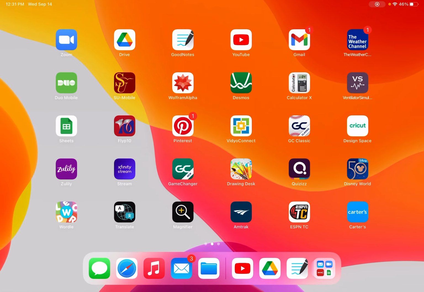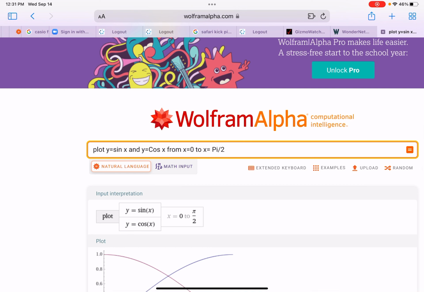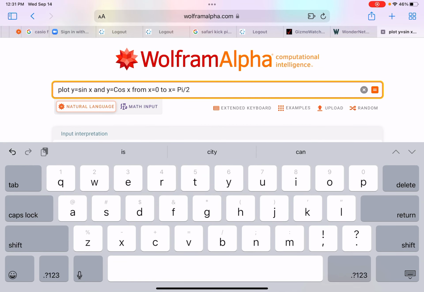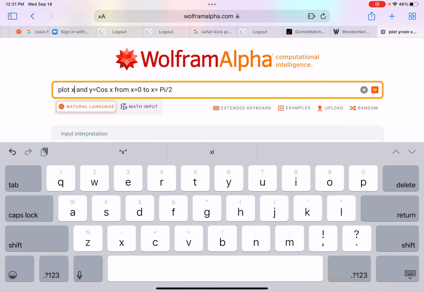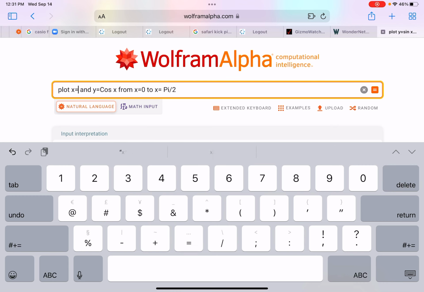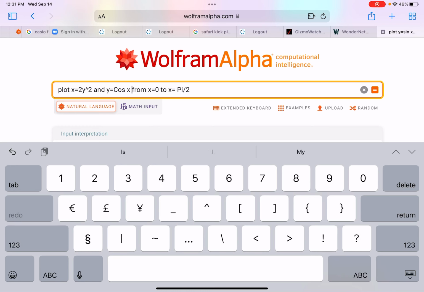Let's go to Wolfram Alpha and check. So this time we're going to plot x equals 2y squared and x equals 4 plus y squared.